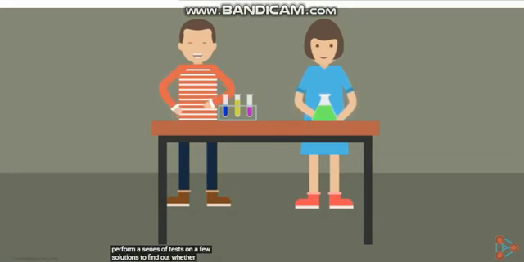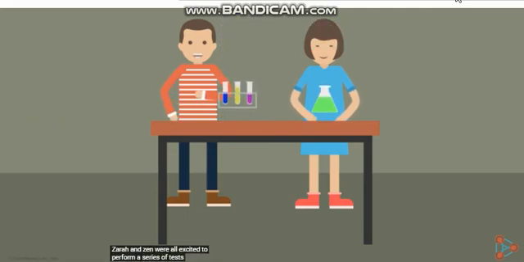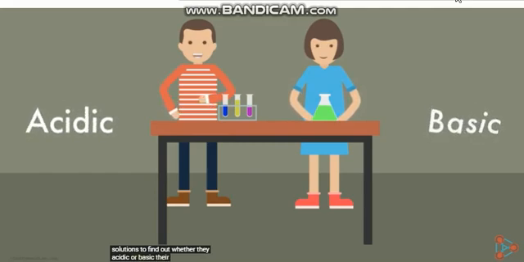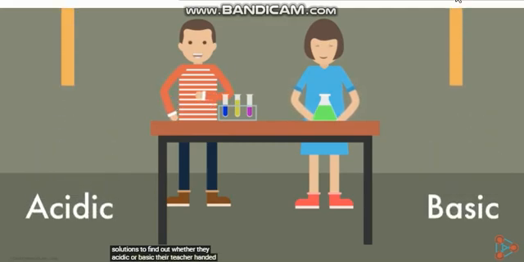So here you can see Zara and Zen, and they are excited to perform a series of tests on a few solutions to find out whether they are acidic or basic in nature.